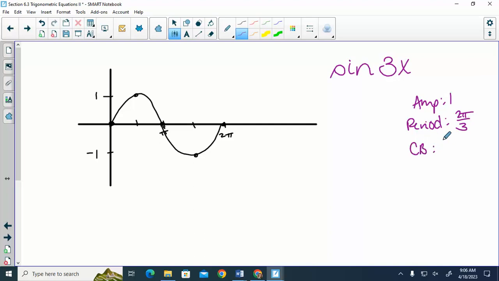Count by: you do your period divided by 4 for the 4 quadrants, and we get pi over 6. Okay, so this is changing things quite a bit. We're going to count by pi over 6. That's like 30 degrees.